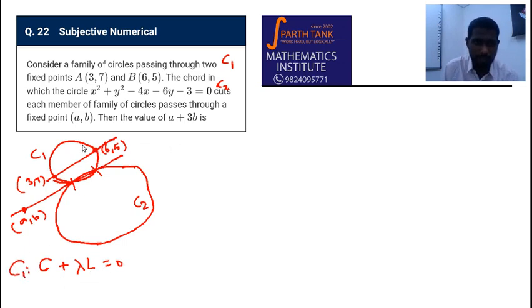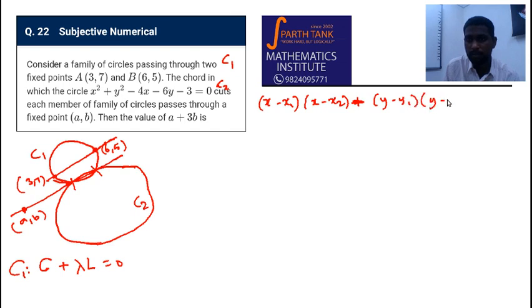So let's calculate C, the circle whose diameter ends are (3, 7) and (6, 5). We know that the equation for such a circle is (x minus x1)(x minus x2) plus (y minus y1)(y minus y2) equals 0. So (x minus 3)(x minus 6) plus (y minus 7)(y minus 5) is 0.